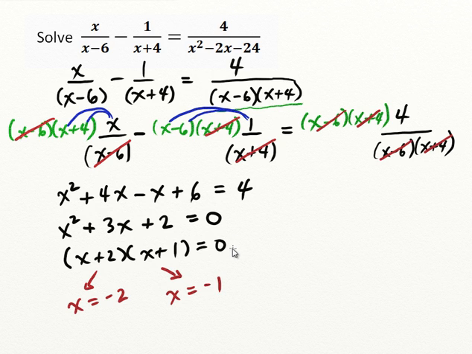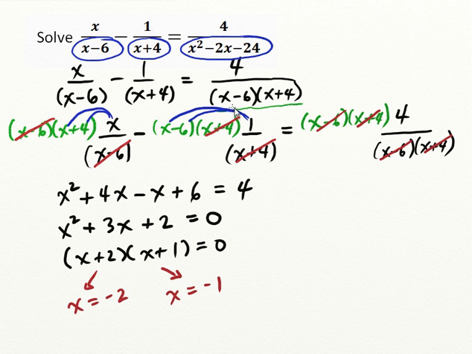Okay, our last check that we do. We have two solutions here. And what I want to do is check to ensure that these solutions, if I place them back here into this original equation, don't run into any sort of problem with a denominator turning to 0, because we can't divide by 0.